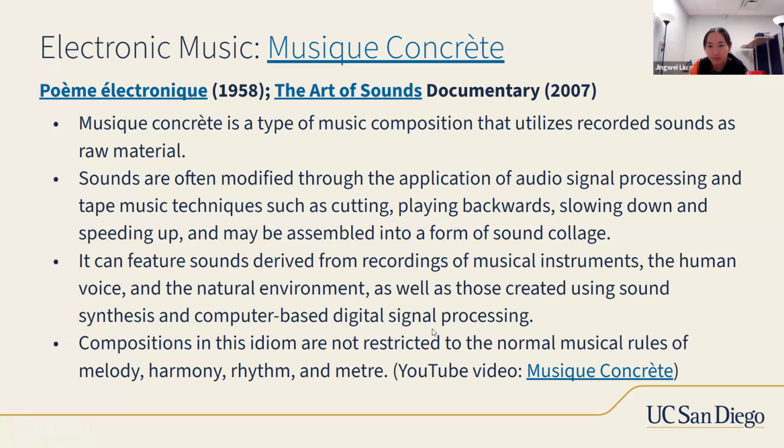Therefore, the normal musical rules before, such as melody, harmony, rhythm, and meter, don't apply in this circumstance anymore. And the musicians were driven to define and to explore new musical dimensions, to compose contemporary music using electronic techniques and tools.